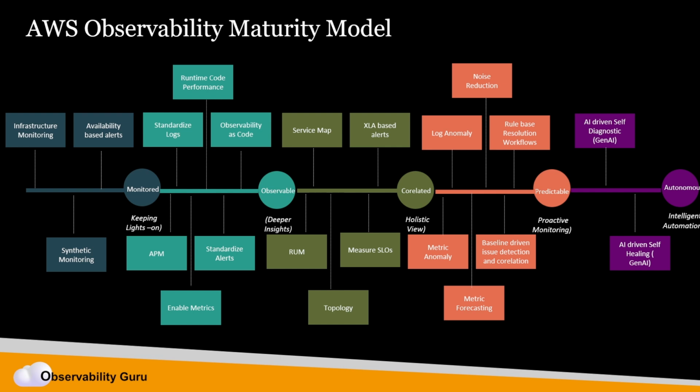And if this is an existing application, you can baseline which maturity level you are currently at, and then figure out what is your end goal, where you want to be, and then you can start moving in that direction. So this will typically ensure that we can improve our mean time for detection, we can improve our mean time for resolution, and of course we can improve our service level objectives and end user experience and those things.